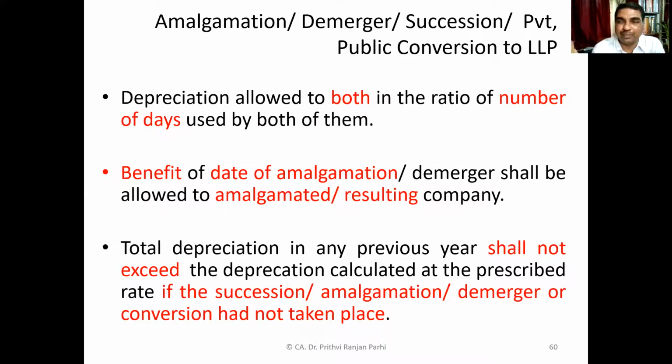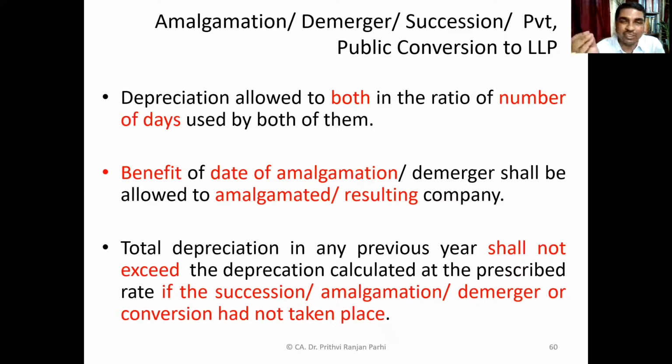This is the new company. New company will get depreciation benefit for the date starting from amalgamation date, including the amalgamation date, and the old company shall get the benefit up to the date of amalgamation. And one has to ensure that the total depreciation shall not exceed the depreciation calculated at prescribed rate if succession, amalgamation, demerger, conversion had not taken place.